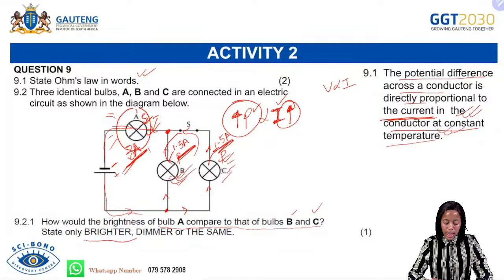So, for example, they will each have a current of 1.5 ampere, which is smaller than the current of A, which has a current of 3 ampere.